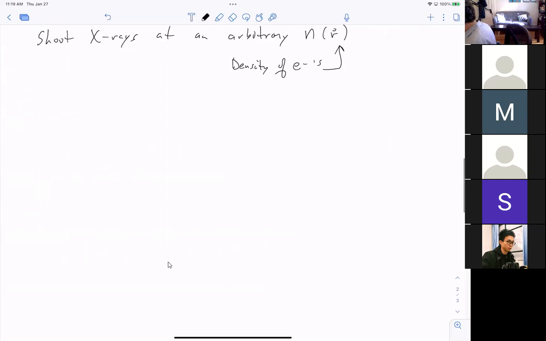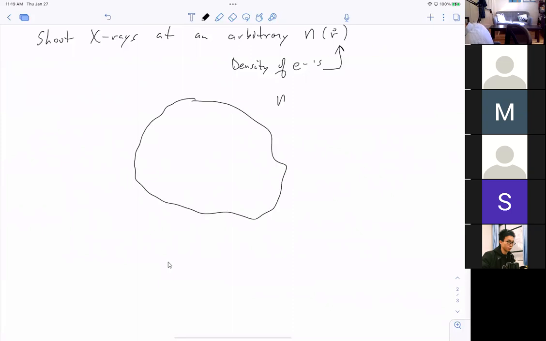Let's assume this is my density of electrons described by... I'm just trying to think of the best way to draw it so it'll be easier for me later. I'm just going to redraw it. It's better if I draw it big. So this is my n(r). That represents some big blob of electrons with some arbitrary electron density.